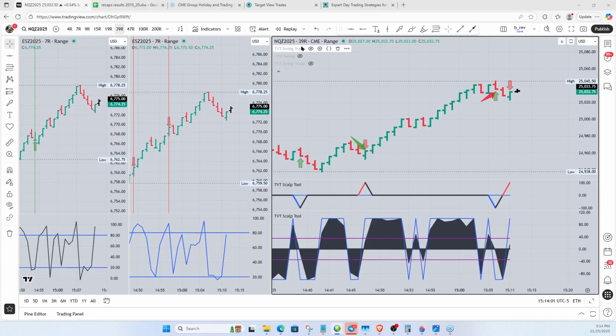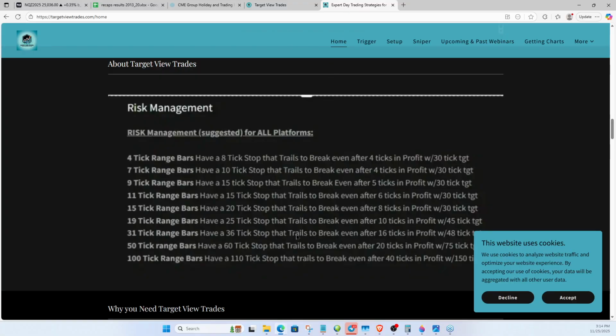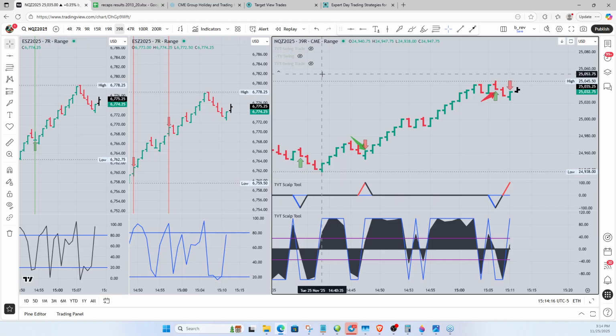I'm using the 31 range. That's what I'm using, right? 31 range. So it's going to go 16 ticks into profit. Right. And I actually have a 50 tick target. 36 tick stop is what I'm using on it.